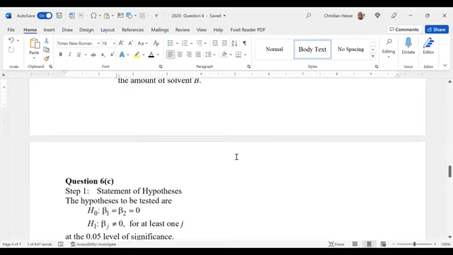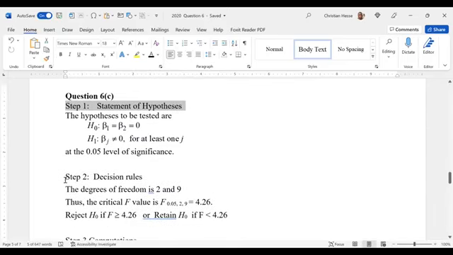So what's the procedure? What's the test procedure I gave you? Step 1 is the statement of hypothesis. Step 2 is the decision rule. I just want you to remember those steps I gave to you.